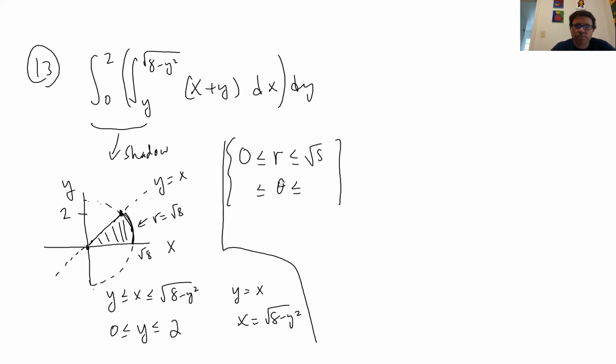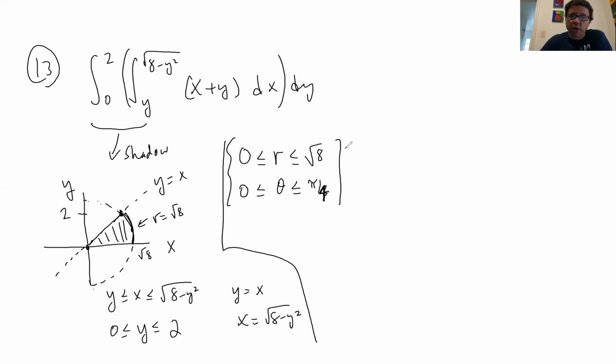So the outer one is square root 8. Now, what about the angles? Well, you start at the origin, start at the x-axis, so the angle starts at 0, and it comes up until it hits this angle. And since that's y equals x, that's exactly the 45-degree angle, and therefore theta just goes up to pi over 4.